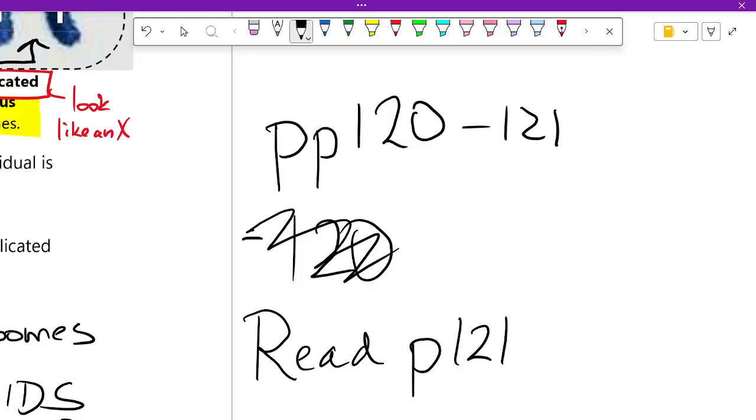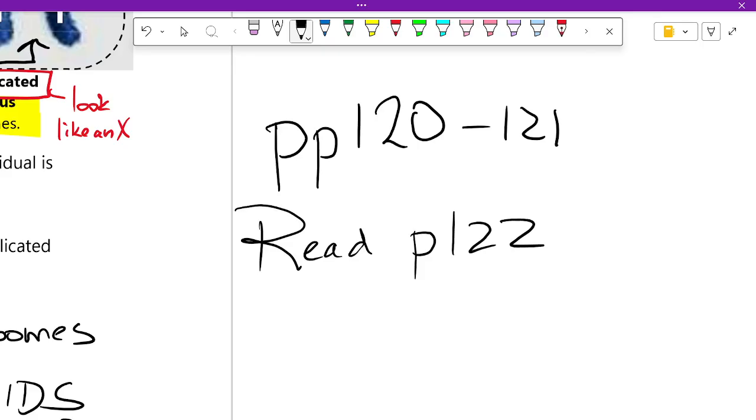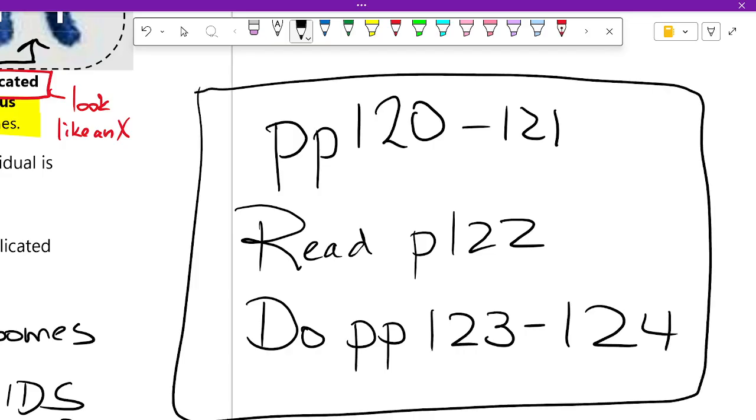Okay, so folks, you're working through pages 120 to 124 today.